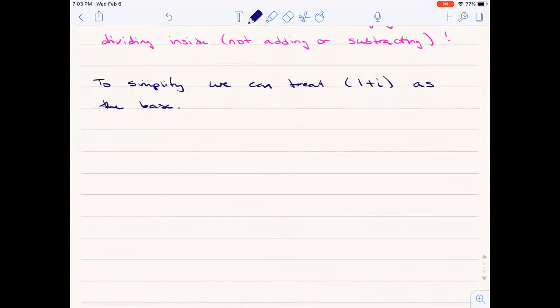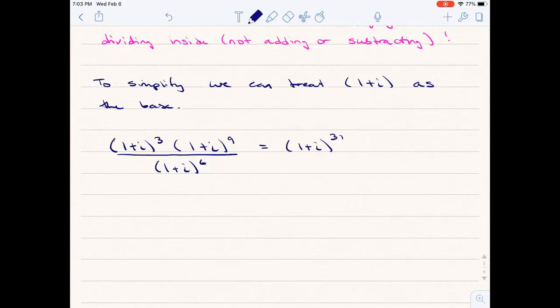And so if we have something like (1 plus i)^3 times (1 plus i)^9 over (1 plus i)^6, we have the same base for all of these, and so these rules all apply, which is going to be (1 plus i)^(3 plus 9) over (1 plus i)^6.